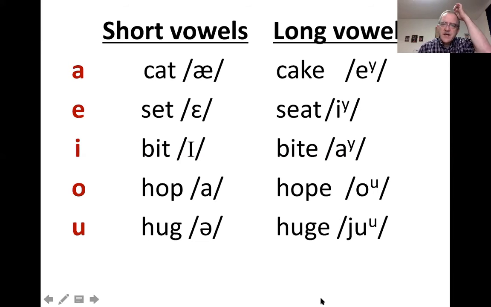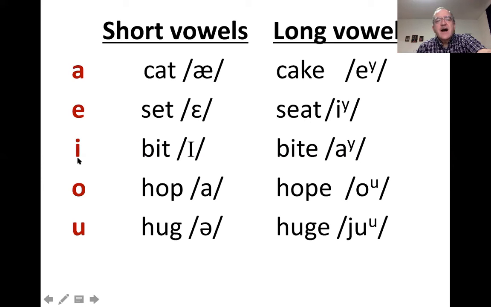Now, on your test, you're going to be speaking and writing pronunciation, and you need to know these rules for short vowels and long vowels, okay? First of all, do you remember what the short and long vowels are? Let's review. The A, the short is A, cat, cat. The long is A, cake, cake. E, the short is E, set. The long is E, seat.